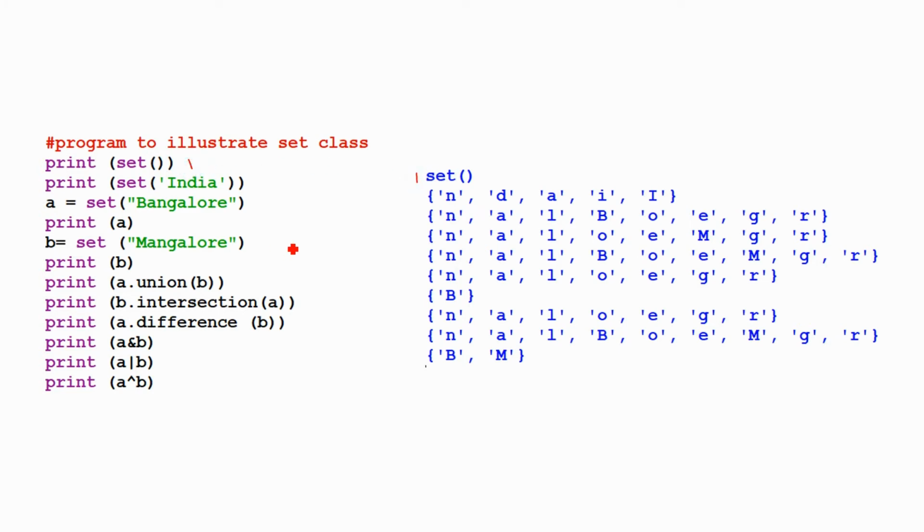It's a default constructor, so the empty set will be represented as set with empty brackets.